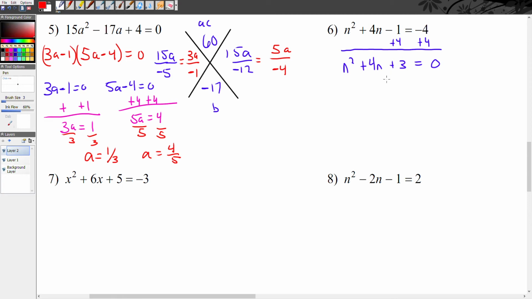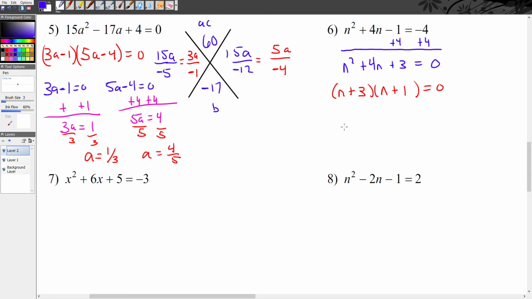I see that all three of my terms are positive, so this is going to be n plus something times n plus something equals 0. And I need to think what are two numbers that multiply together to make 3 and add together to make 4. And that's going to be 3 and 1. So I have here n plus 3 times n plus 1 equals 0.